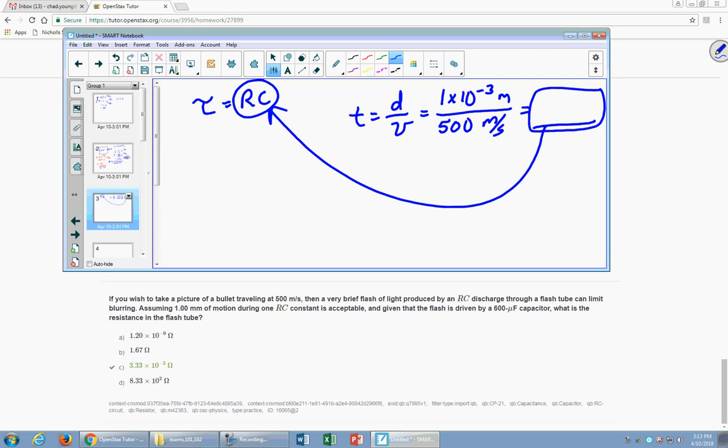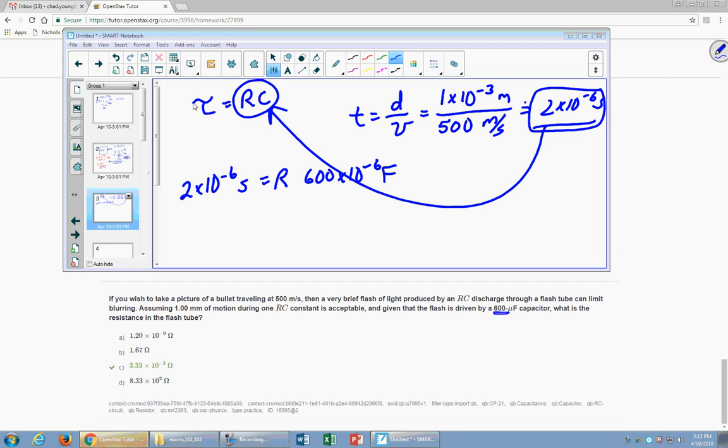Okay. So this T is 2 times 10 to the minus 6 seconds. That's what I want tau to be. And that's equal to R times C, which is 600 times 10 to the minus 6 farads. That was down here. Those cancel. It's 2 over 600 is R. 3.33 times 10 to the minus 3.